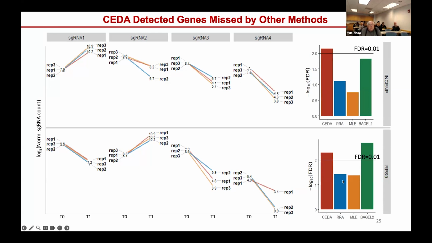However, the majority of the guide RNAs still show a pretty consistent depletion, or strong depletion, at the end time point. So we can see we are quite confident that we are selecting the correct gene.